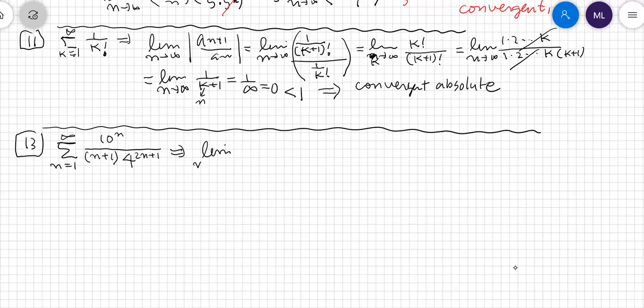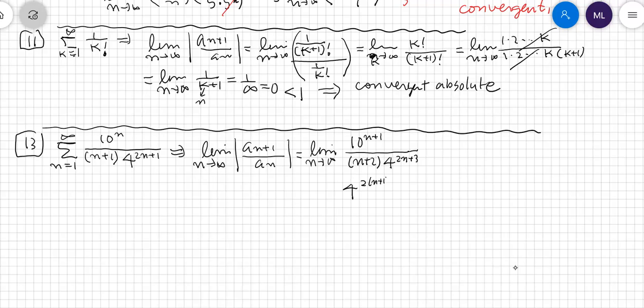The limit as n goes to infinity of a n plus 1 over a n is the limit of 10 to the n plus 1 over n plus 2, 4 to the 2n plus 3, over 10 to the n, n plus 1, 4 to the 2n plus 1.